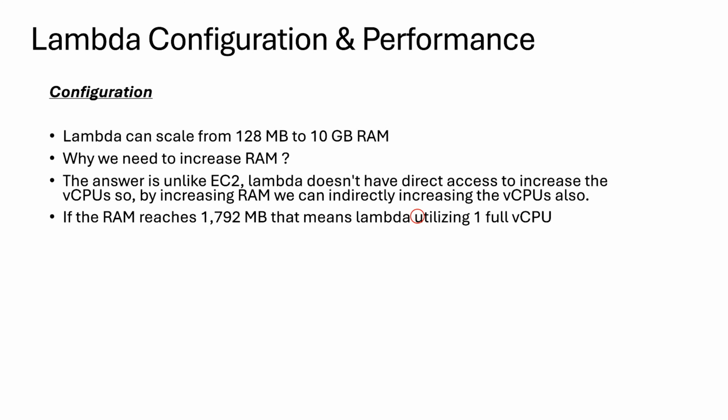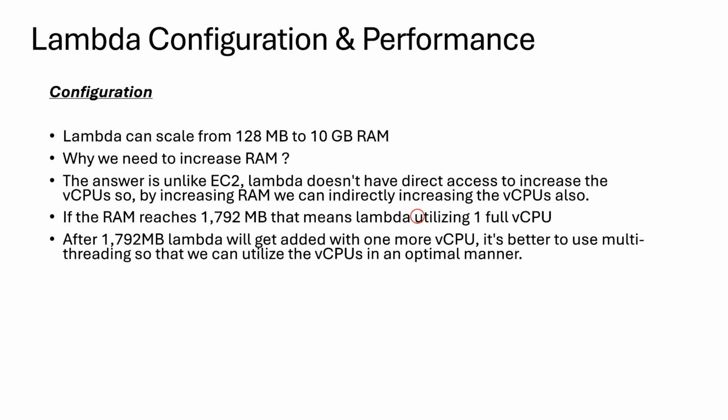One more point to remember: if the RAM reaches 1792 MB, that means Lambda is utilizing one full vCPU. So in Lambda, one full vCPU's capacity is 1792 MB. If your Lambda goes beyond 1792 MB, it will add one more vCPU.